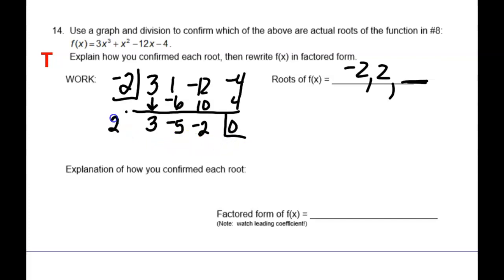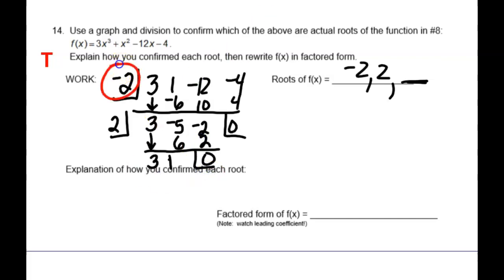Now we're going to do the +2. Keep going. Bring this down. 2 times 3 is 6. Add to -5 is +1, sorry. And then 2 times 1 is 2, and that leaves a remainder of 0 again. Okay, so what are the factors?